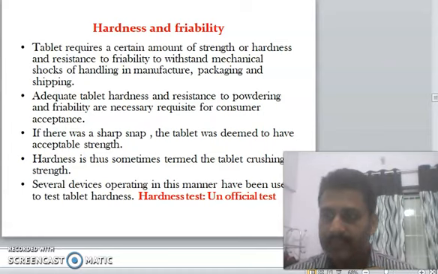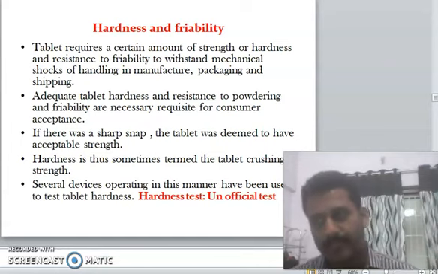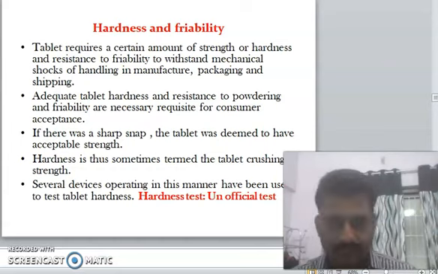Hardness is sometimes termed the tablet's crushing strength. Depending on the hardness we can evaluate the crushing strength of a tablet.